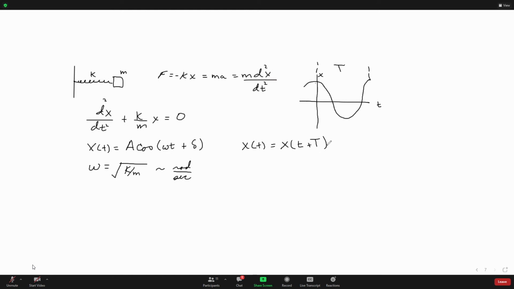Then I can write this as A cosine of omega t plus phi equals A cosine of omega little t plus omega big T plus phi.